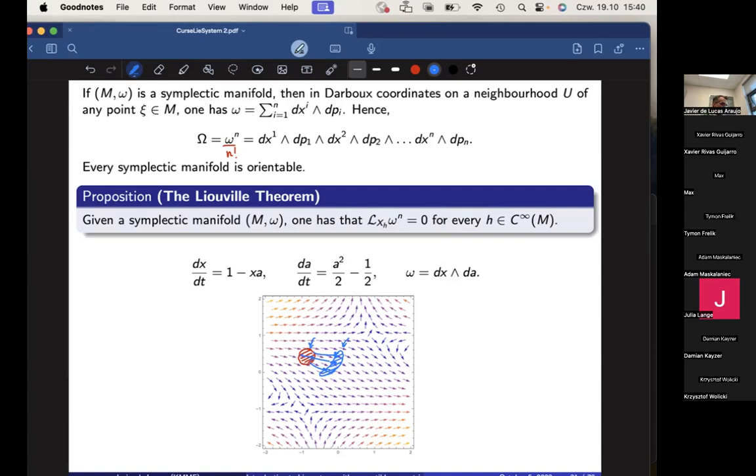So one example of a differential equation described by means of a Hamiltonian vector field is this. When you have these differential equations, on the left-hand side you have a vector field given by this.